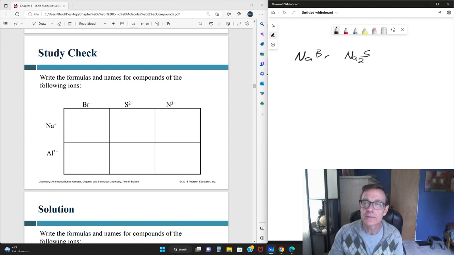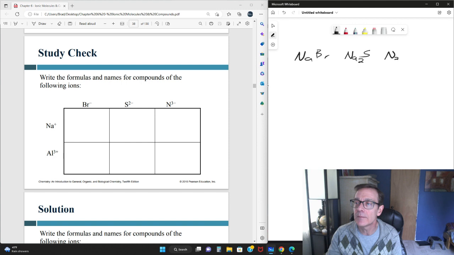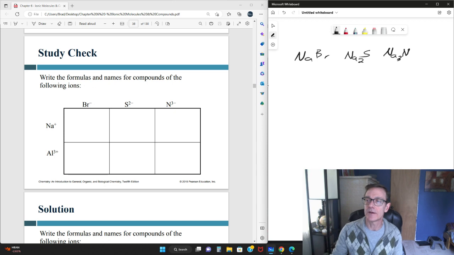Okay, sodium sulfide. And last but not least, we'll need three sodium cations to go with the nitride. Sodium, three of those to go with our -3 on the nitride. Okay, first row, 1, 2, 3.